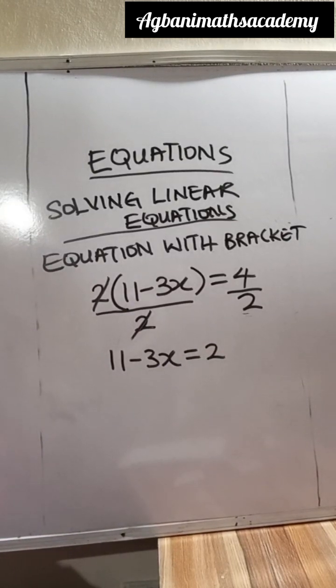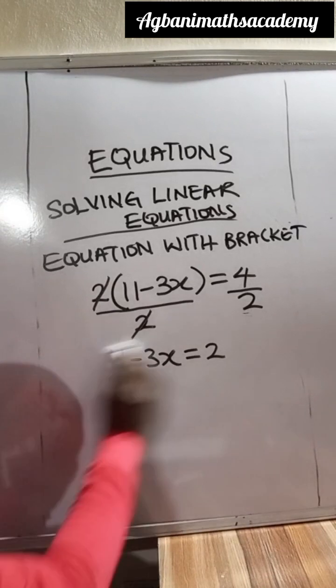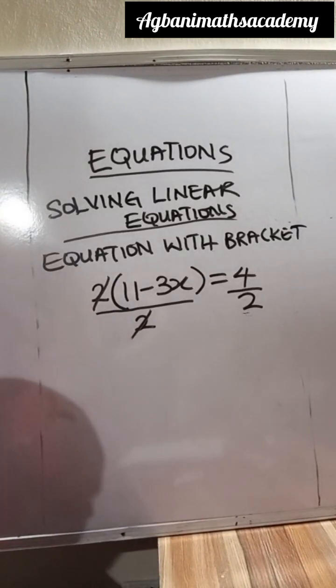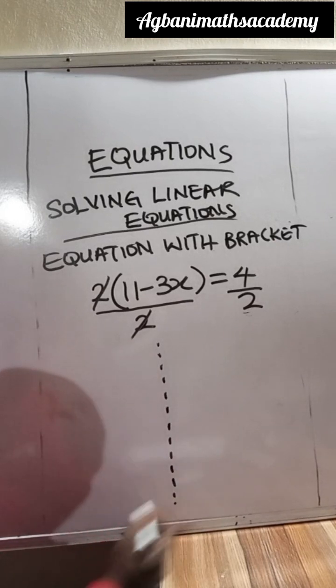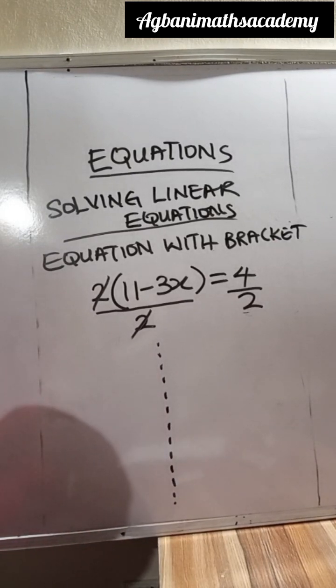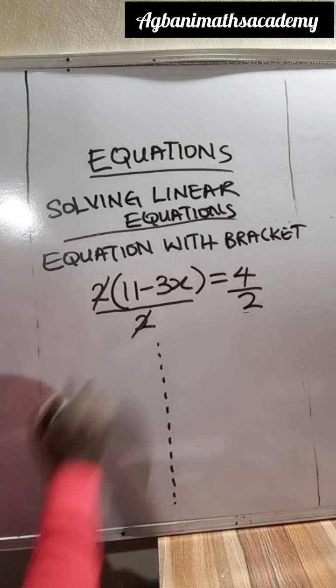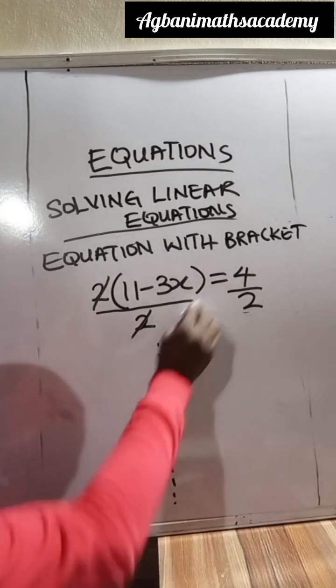What I'm going to do is solve the two methods side by side, if possible. Let's see if we have enough space. I'm going to solve the method I used earlier on this side, so let me leave the equation the way it was.